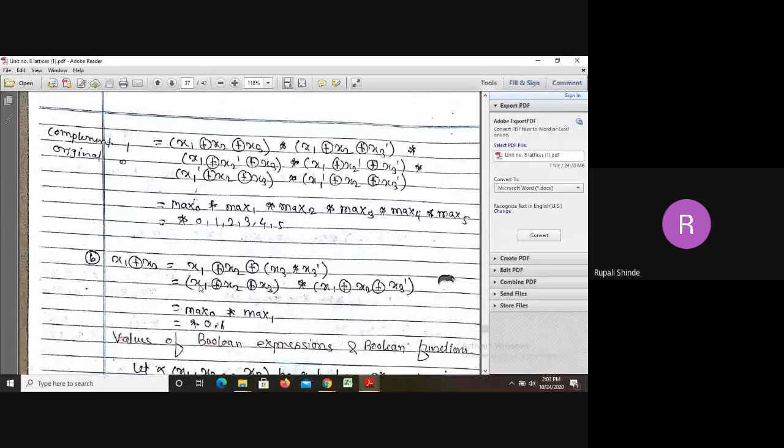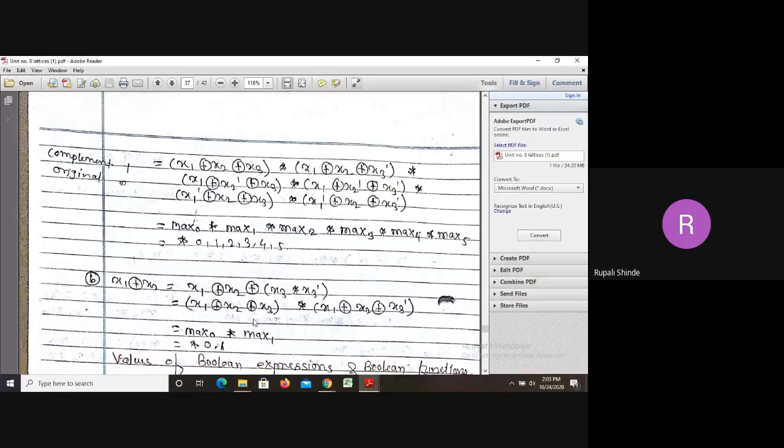So the first bracket becomes 0, 0, 0, that is max of 0, star operation, then 0, 0, 1, which is 1. So max of 0 star max of 1. Again we can write this as star of 0, 1. So this is the required product of sum form for this given expression by the algebraic method.